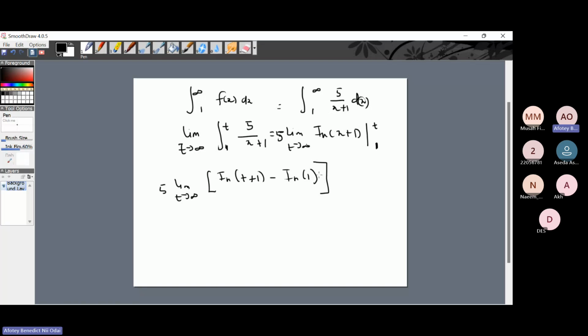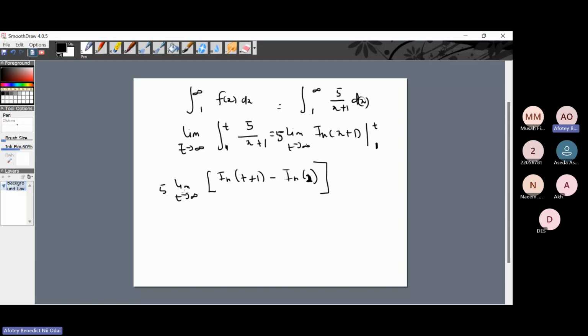Please, do we see it? Now, remember we have the 5 here multiplying everything. Sorry, we have 1 plus 1, so this is supposed to be 2, because we put in 1 here also.